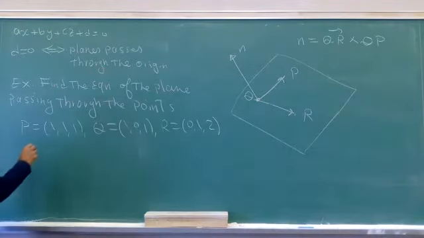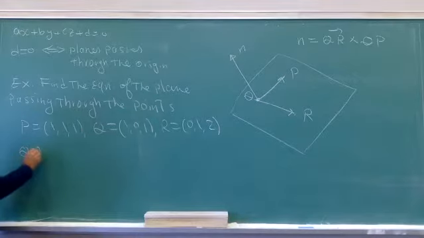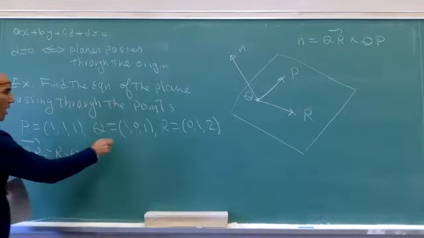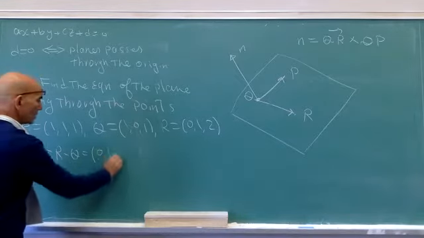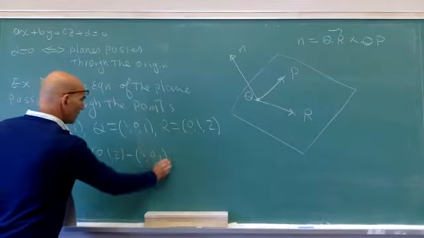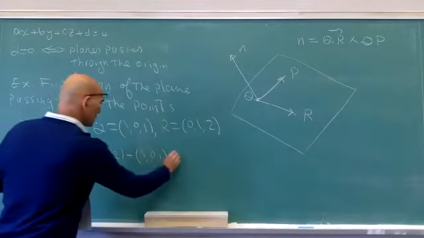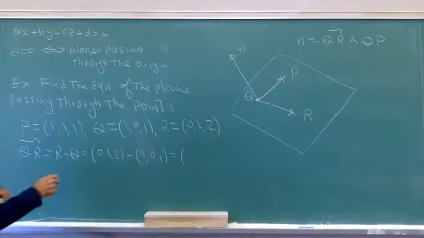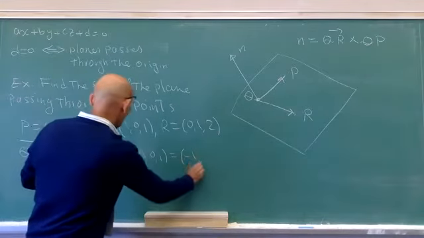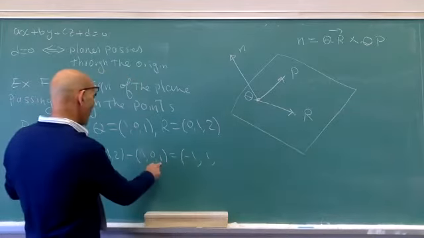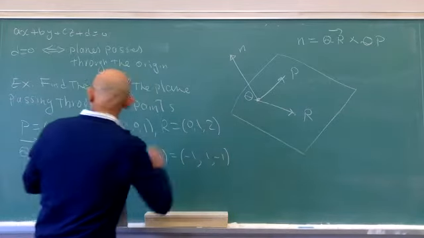So let's try that. What is QR? QR is R minus Q. R is 0, 1, 2 minus Q, 1, 0, 1. That's equal to negative 1, 1, 1.